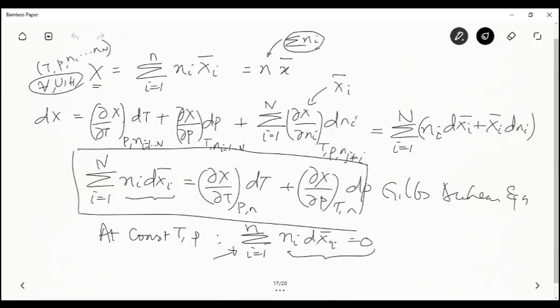So you cannot change the partial molar property of one substance, keeping the partial molar properties of all the other substances the same. In other words, you cannot change the chemical potential of one species in the mixture, keeping the chemical potentials of all other species constant. The change in one always ends up affecting the other.